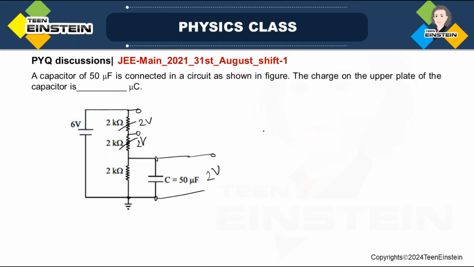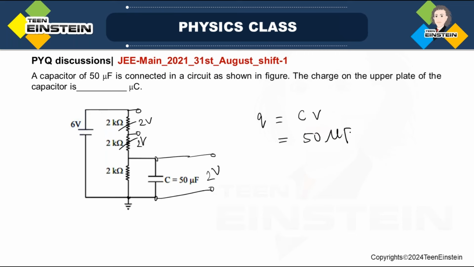Okay, so when we know the voltage or potential difference across the plates and the capacitance, then what else do you require to find out the charge? So you know the formula, Q is equal to C into V. V is the potential difference across the plates, and C is given.